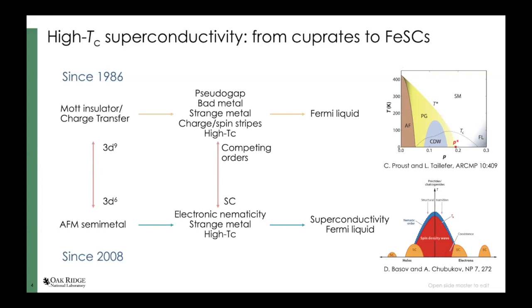So those differences basically motivated a lot of people, theorists and experimentalists, to propose different pictures. Among them, I think the topic we're going to talk about, basically Hund's metal or Hund's superconductivity, is one of the leading pictures that really explains experimental data very well.